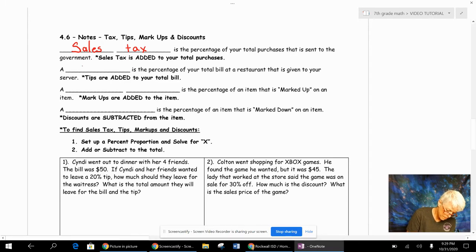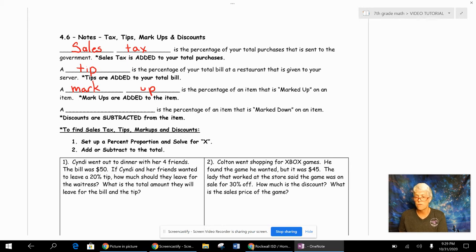A tip is a percentage of your bill at a restaurant that is given to your server, your waiter, your waitress. So it's added to your bill. A markup is a percentage of an item that is marked up on an item. Now, you typically don't see the markup. When you buy something for $10, the store didn't buy it for $10.